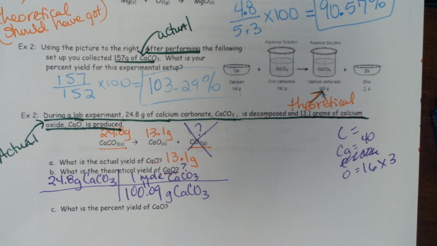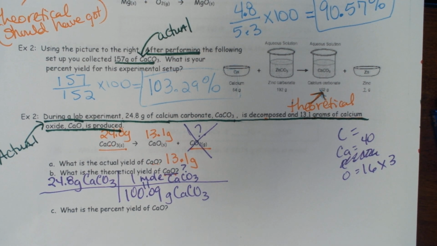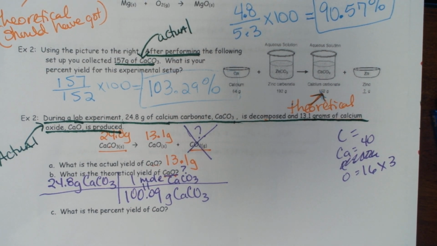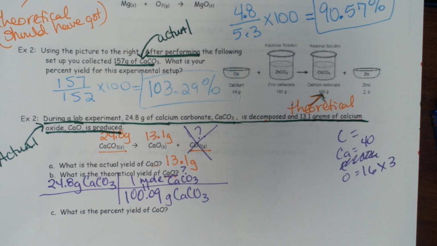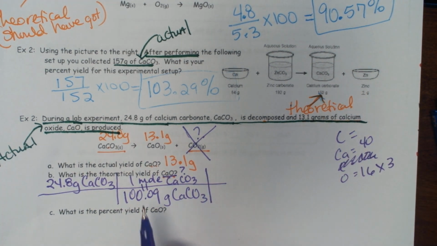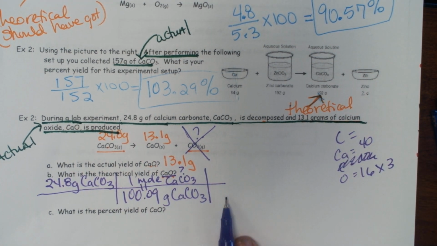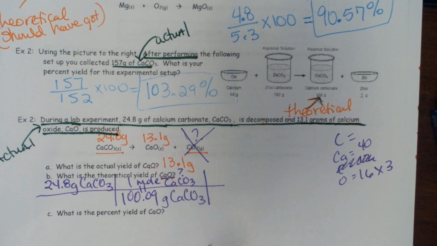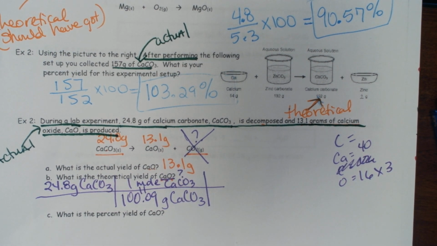So this is a mass to mass equation, from mass to moles and then back to mass. Now, if I have moles over here, I've got to put moles down here. This is where I'm going to bridge: blank moles of CaCO3 to the CaO. But wait a minute, is that balanced?